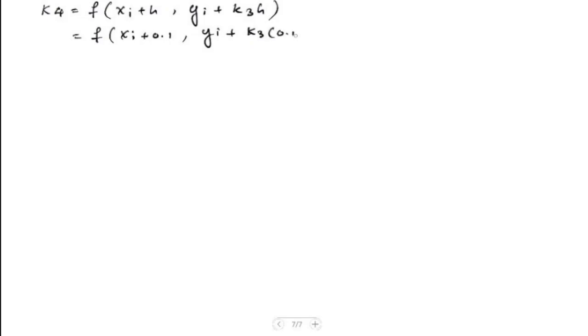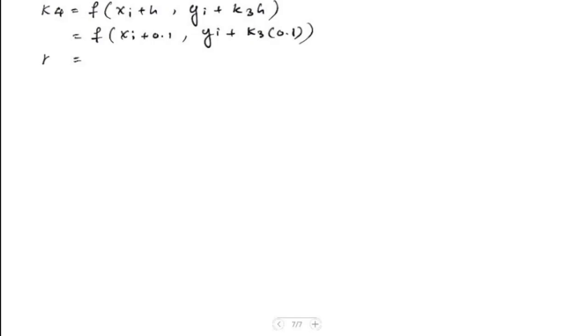And now we look at k4. It's the value at the point where the function is xi plus h, comma, yi plus k3 times h. So now it will be xi plus 0.1, which is h, and yi plus k3 times 0.1.